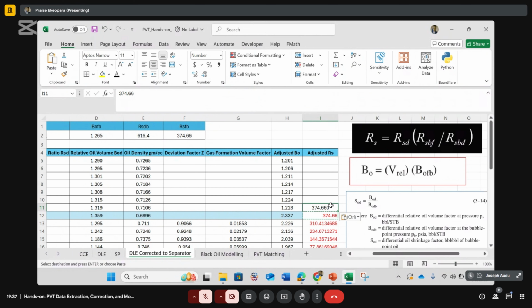So once you are done doing this, just carry this and use it and populate up here. Okay. So let me just check this once more.